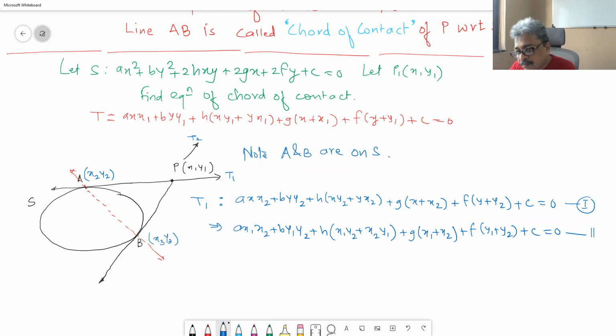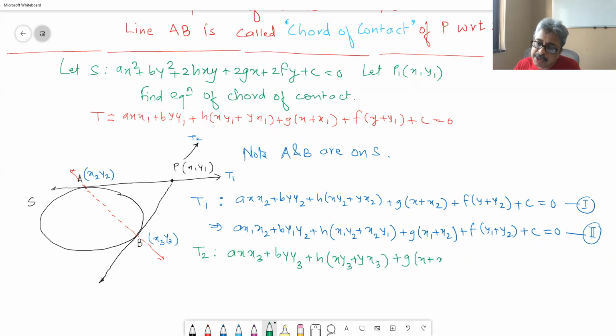Maybe equation number 2. What is the equation of T2? T2 looks like this: a x x3 plus b y y3 plus h into (x y3 plus y x3) plus g into (x plus x3) plus f into (y plus y3) plus c is equal to 0.